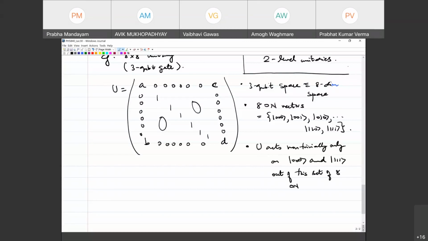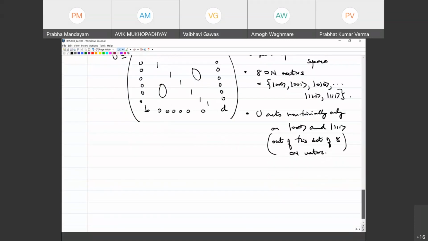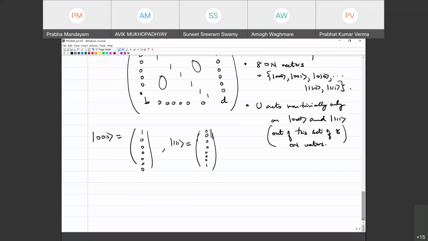Right? Because we typically associate 0, 0, 0 with this vector and 1, 1, 1 with this vector, right? So you can notice that these are the only two vectors on which this acts non-trivially.